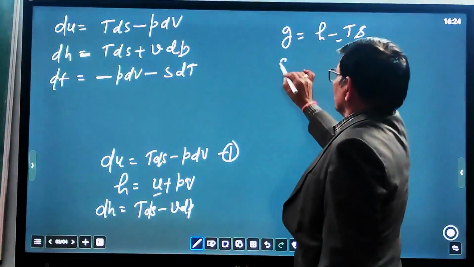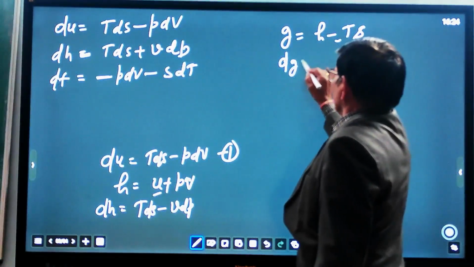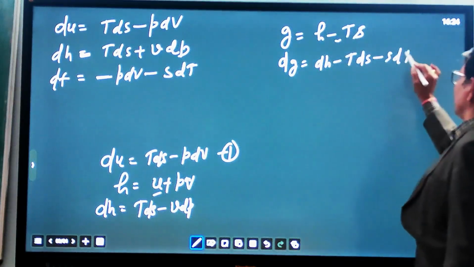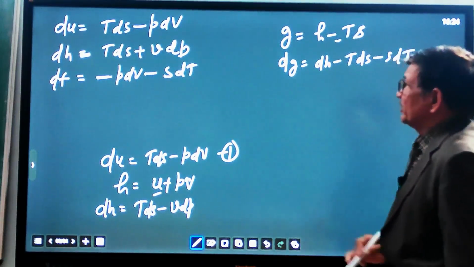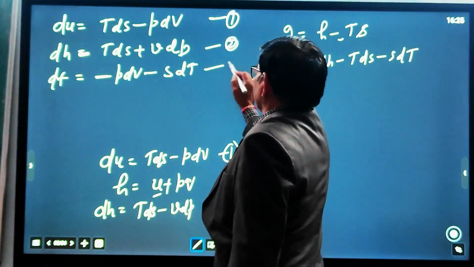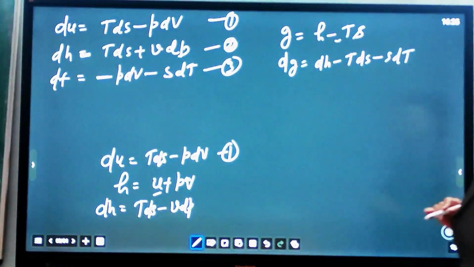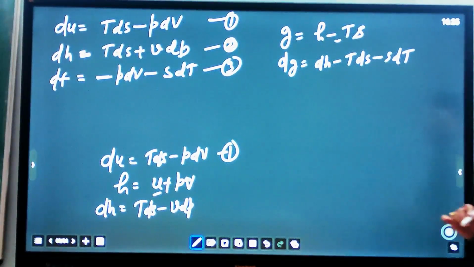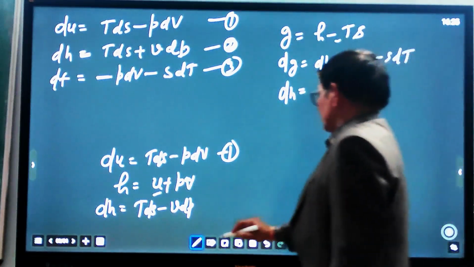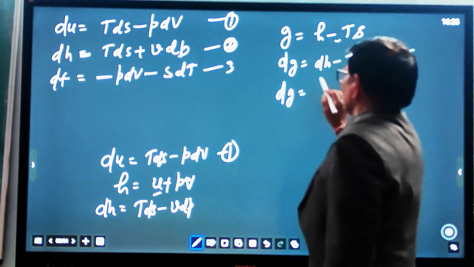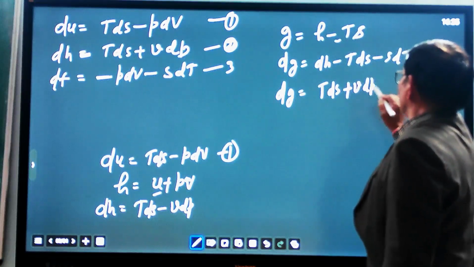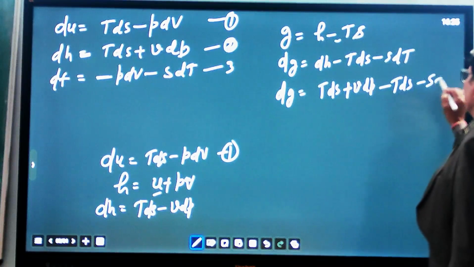So differentiating it, dG equal to dH minus TdS minus SdT. Putting the value of dH from equation number 2, dG equal to TdS plus VdP minus TdS minus SdT.